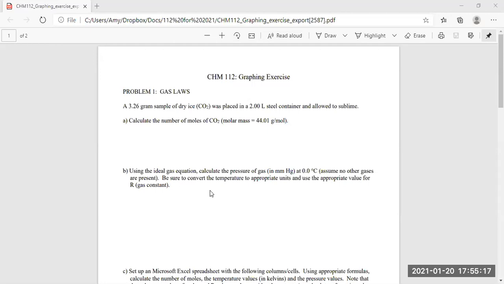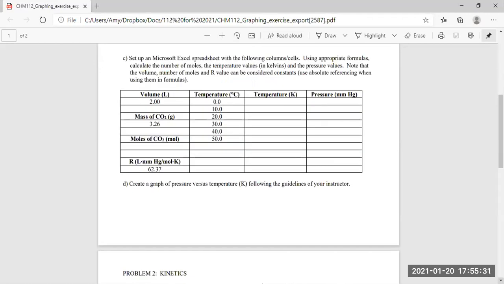The middle part here uses PV equals nRT to help give you the idea of how you are going to convert this data. As we scroll down, here is the fake data.